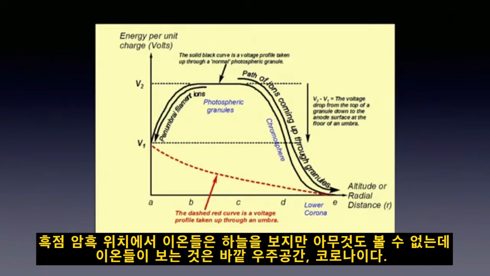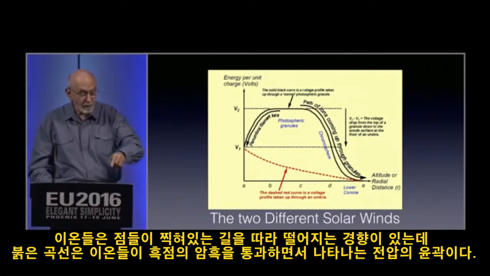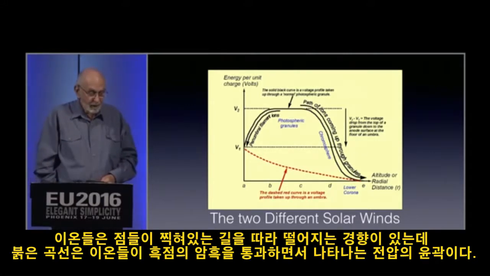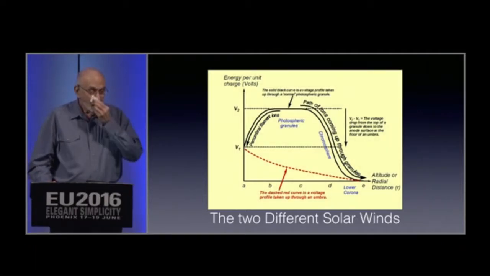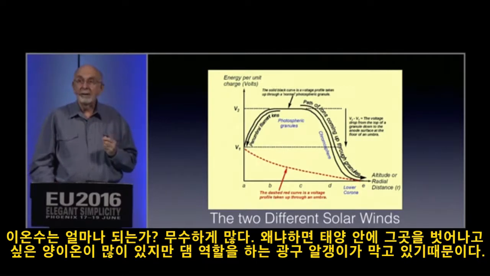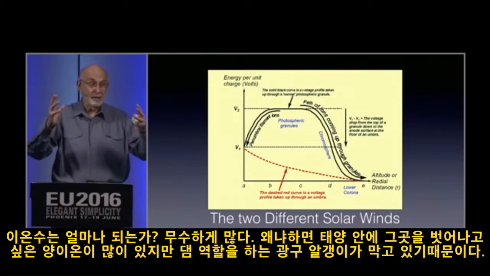That's outer space out there. That's the corona. So they tend to fall along that dotted path. The dashed red curve is a voltage profile taken up through an umbra. And how many of them are there? Zillions, because there's a lot of positive ions inside the sun that would love to get out.